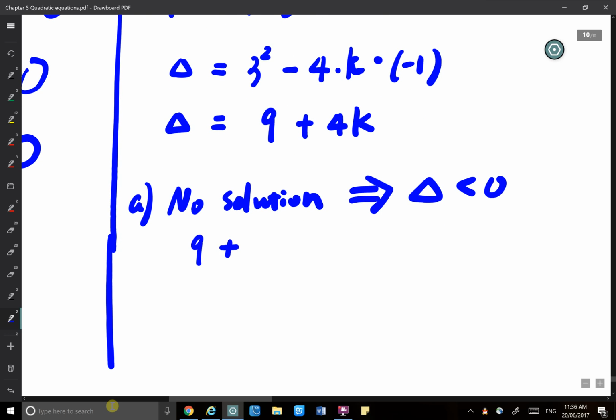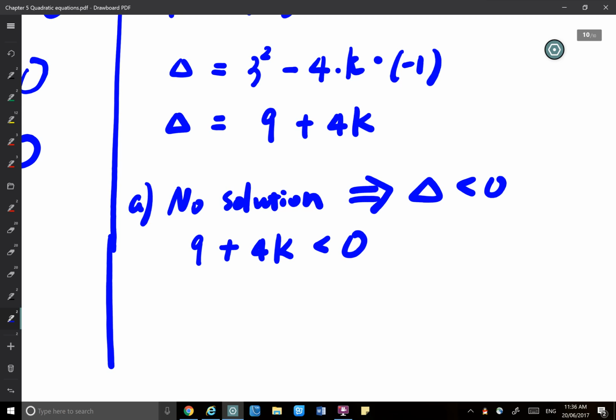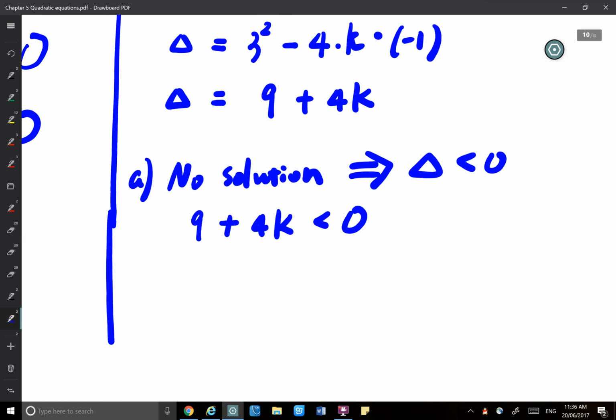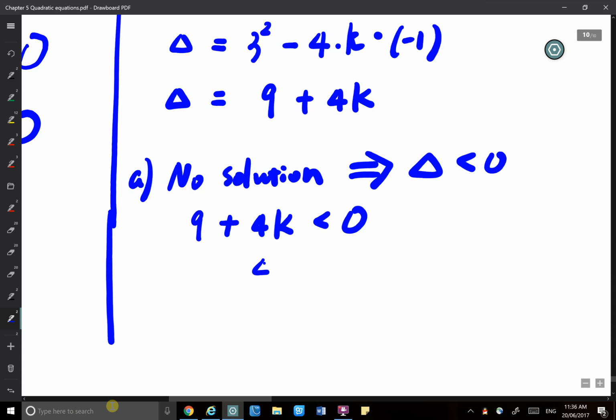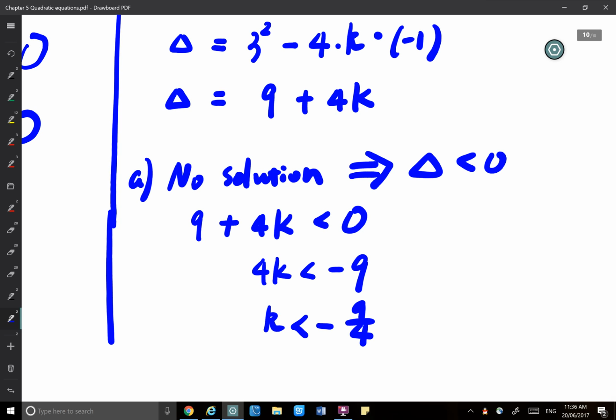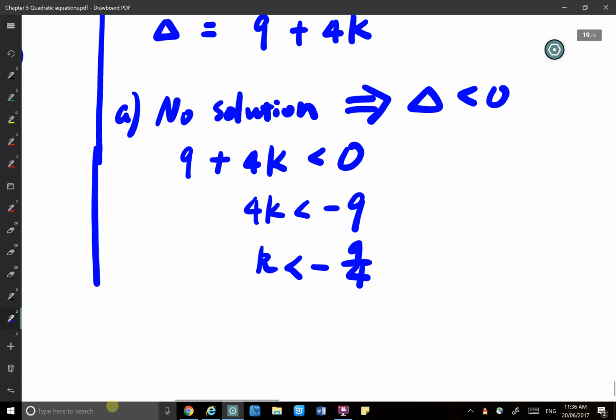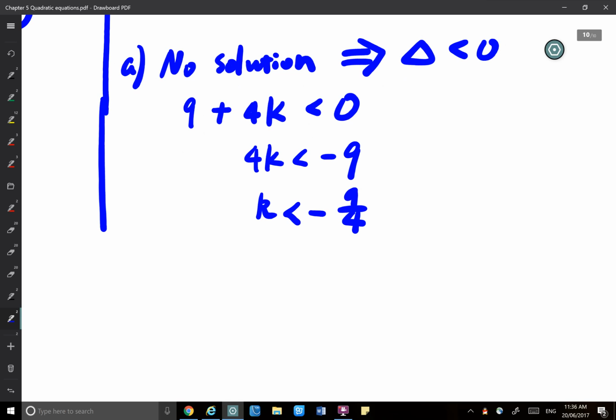So 9 plus 4k is less than 0, because the discriminant is 9 plus 4k. 4k less than negative 9, k less than negative 9 over 4. So for k less than negative 9 over 4, you will have no solution in this question.